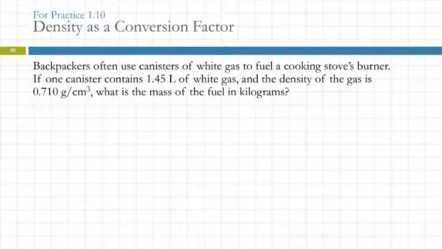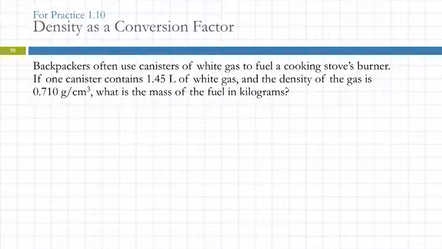The first thing is to read the question all the way through, even if it doesn't make any sense. Then you go back and figure out, what are they asking me to find? Usually there's a question word. Here the question word is what? What is the mass in kilograms?